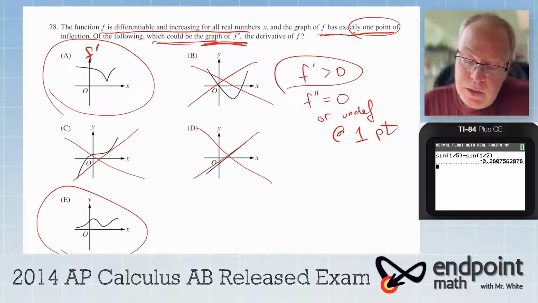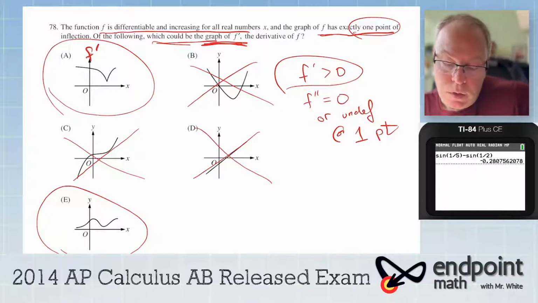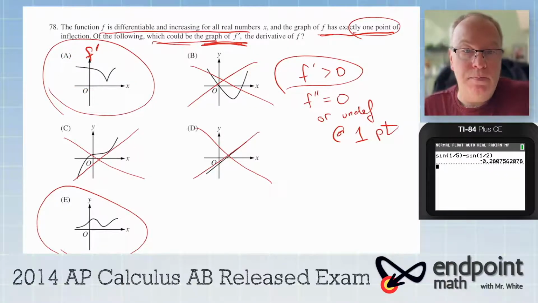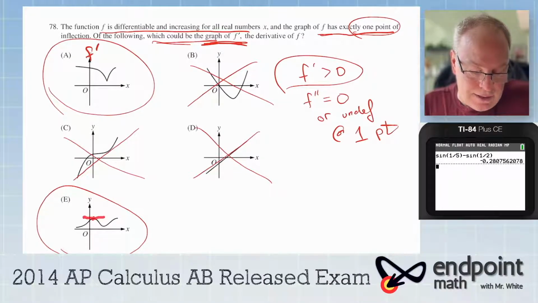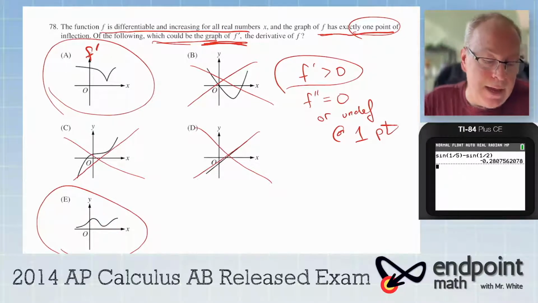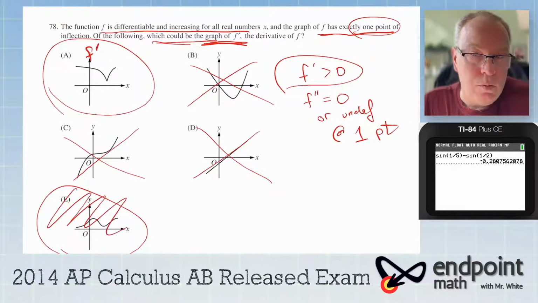Now it says the second derivative, which would be the slopes here, is 0 or undefined at only 1 place. And I see right here, this is undefined right there. So I'm thinking A is the answer, but let's look at E. Indeed, look, E has at least 2 horizontal tangents. So that would be 2 critical points where the inflection could change. So it's definitely A. A is the answer. So we'll get rid of that. All right, so 78 is A.